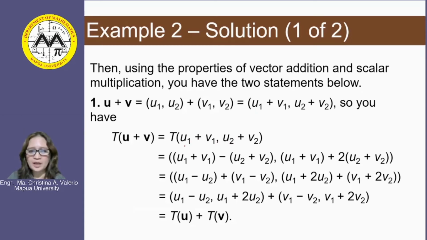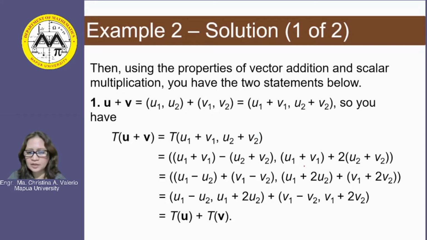So applying our transformation, we will have u1 plus v1 minus (u2 plus v2), and then for the second component, u1 plus v1 plus twice (u2 plus v2).